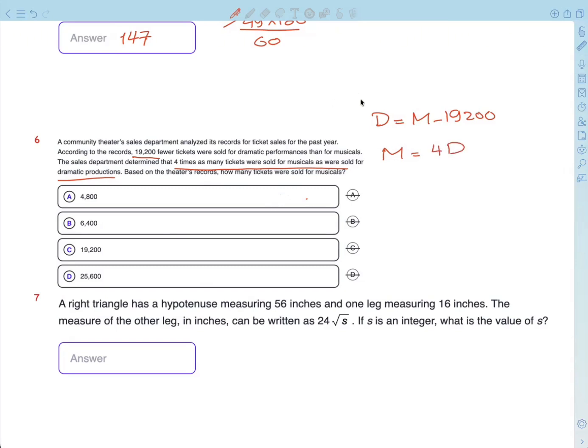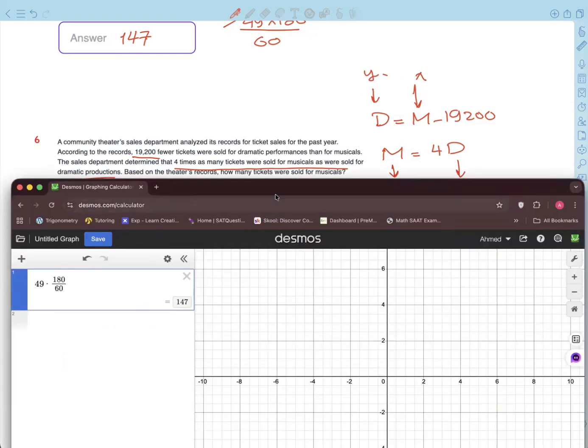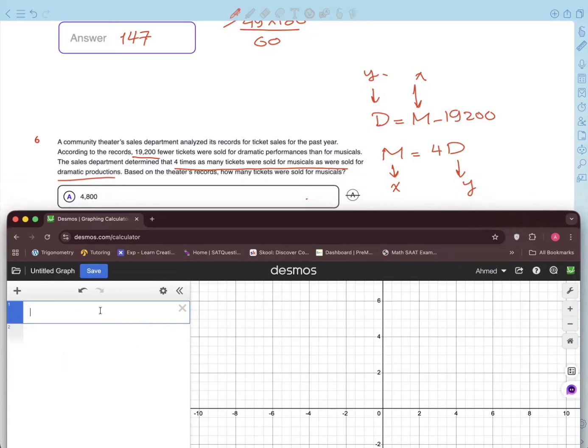Now we can replace D, for example, by y, and M by x. And we'll use Desmos to answer this question. So this is x and this is y. Now we can use Desmos. So we have y equals x minus 19,200, and we have x equals 4y.